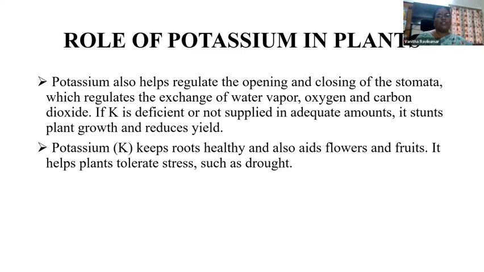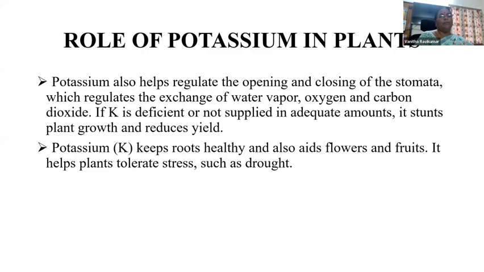The role of potassium: potassium helps regulate the opening and closing of stomata. This is for photosynthesis, which also requires potassium. It regulates the exchange of water vapor, oxygen, and carbon dioxide. If potassium is not supplied in adequate amounts, the plant does not grow in height.